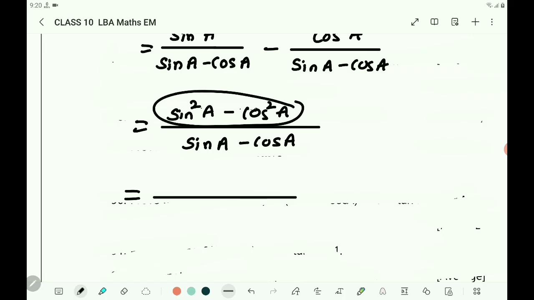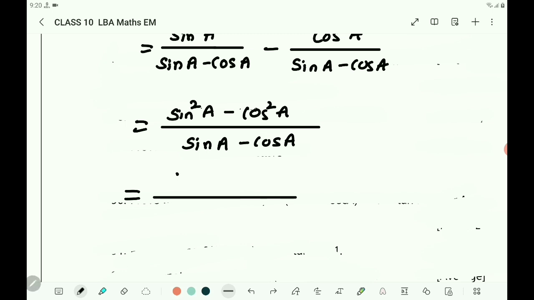This is in the form of a square minus b square. Sin square minus cos square is in the form of a square minus b square. And the factors of a square minus b square are a minus b into a plus b or a plus b into a minus b. So, write its factors.